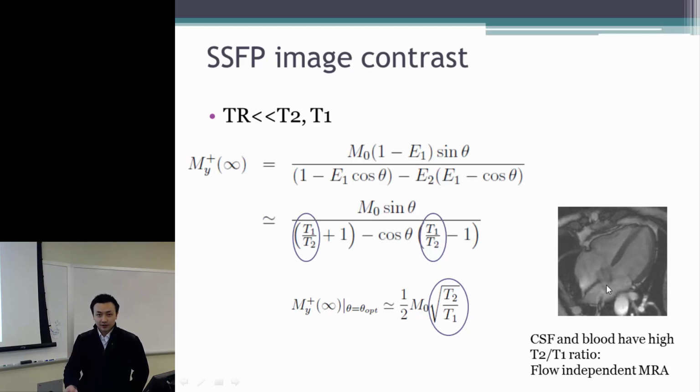And because it's fast imaging, we usually use it to image the heart. So this is the example. We can see that the blood inside the heart has a high signal, while the myocardial muscle has a lower signal, so that we can clearly see the beating heart. This is because of the very high acquisition rate of this sequence. We can dynamically capture the movie of the beating heart. And this is flow independent.